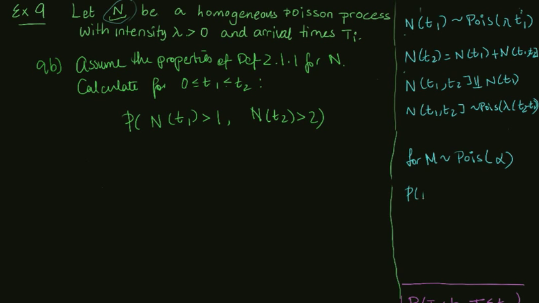Then the probability that M is equal to k is given as e to the minus alpha multiplied by alpha to the k divided by k factorial, for k equal to 0 or 1 or 2 or 3 and so on. So now I think we've recalled more or less everything that's worth noting, so we can start calculating.